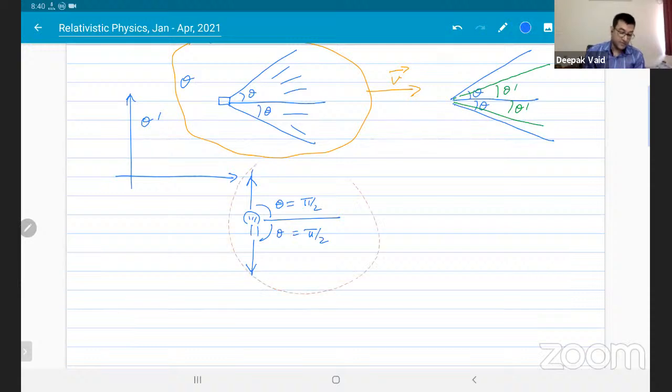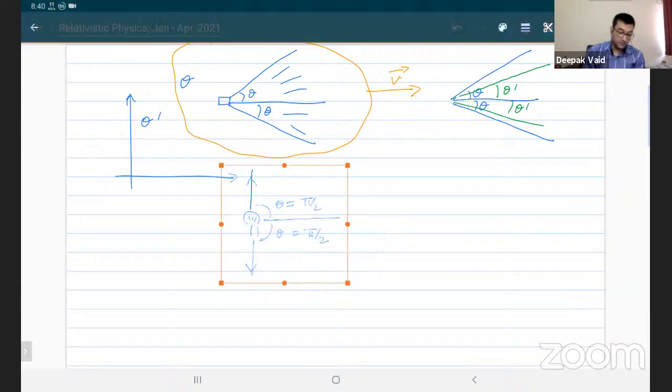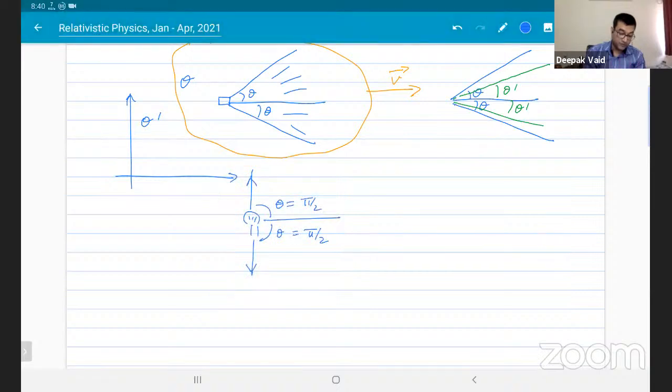And now I look at this same thing. I set this in motion, so I boost this whole light source. And when I boost this light source, what do I perceive?